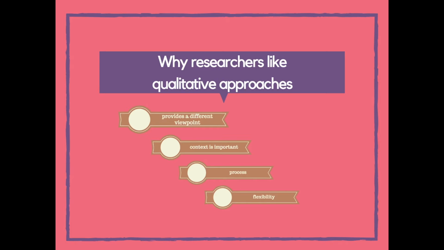Now, as far as context is important, qualitative researchers are much more inclined than quantitative researchers to provide a great deal of descriptive detail when they are reporting on their findings. Many researchers, when presenting their findings, provide a detailed account of what goes on in the setting being investigated, and often these seem to be full of apparently trivial details.